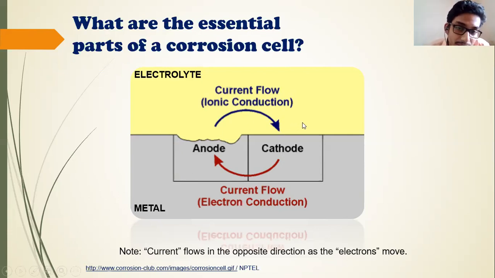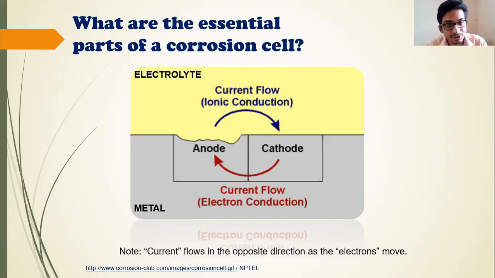So there should be an ionic conductor, an electronic conductor, and two electrodes to complete the whole corrosion cell. Once we can remove one of these from the system, we can avoid corrosion. But in practice, that won't happen. It's not possible to avoid any of these things.